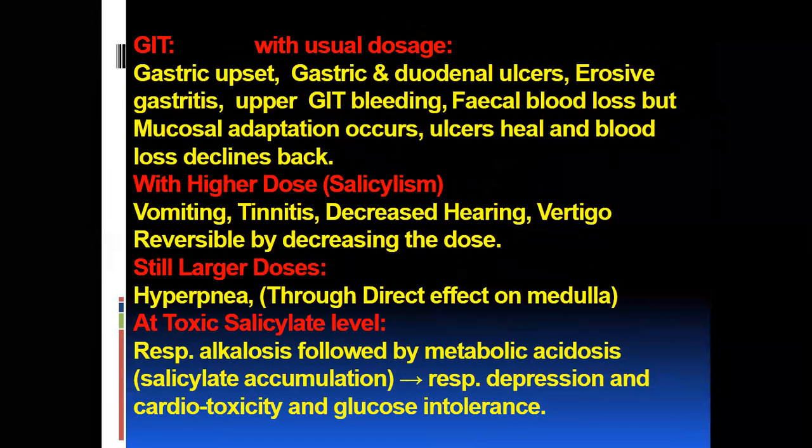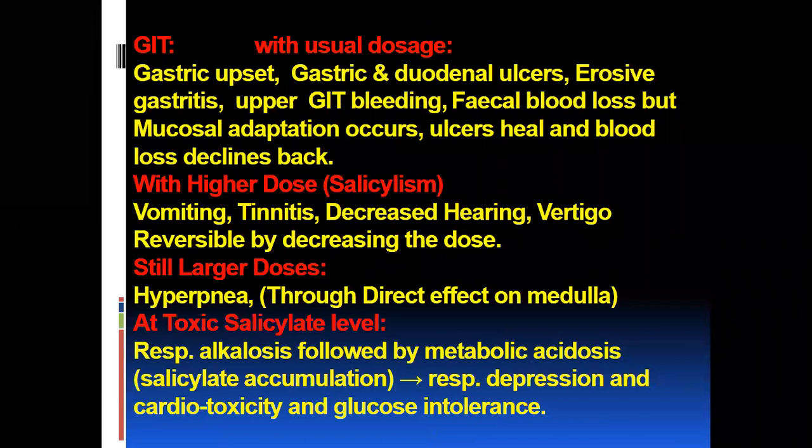So, with usual dosage, gastric upset, gastric duodenal ulcers, erosive gastritis, upper GI bleeding, fecal blood loss, and also mucosal adaptation can occur, through which ulcers heal and blood loss declines. While with higher dose, salicylism occurs, that is, vomiting, tinnitus, decreased hearing, vertigo, and it is reversible by decreasing the dose.